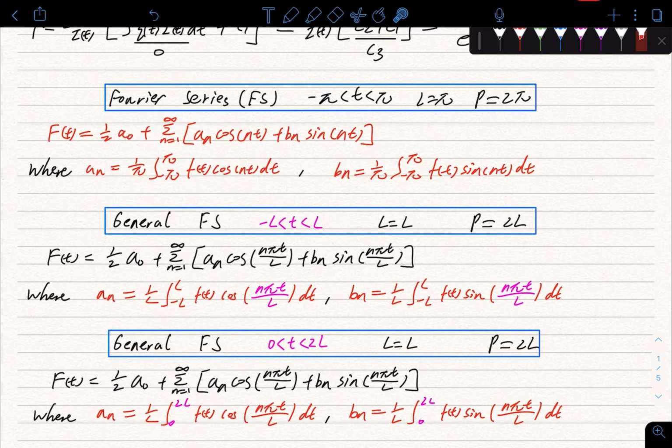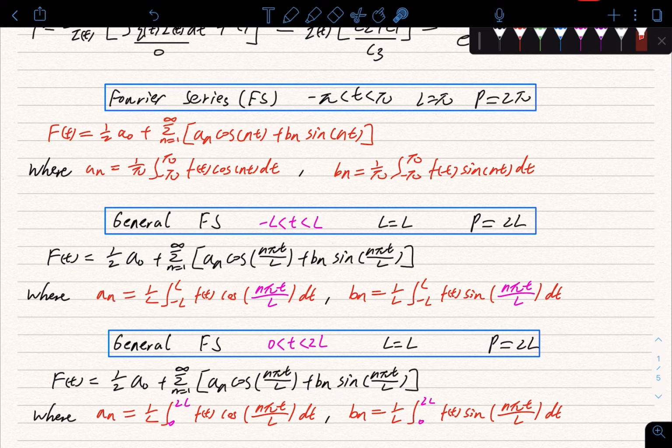Okay. And let's look at the general Fourier series. What's interesting about this one, important things are labeled in pink because it's quite contrasty. I like that. So instead of being constrained to this weird length of negative pi to pi, we now have negative L to L, where L just equals L. So we're no longer constrained to that weird section.